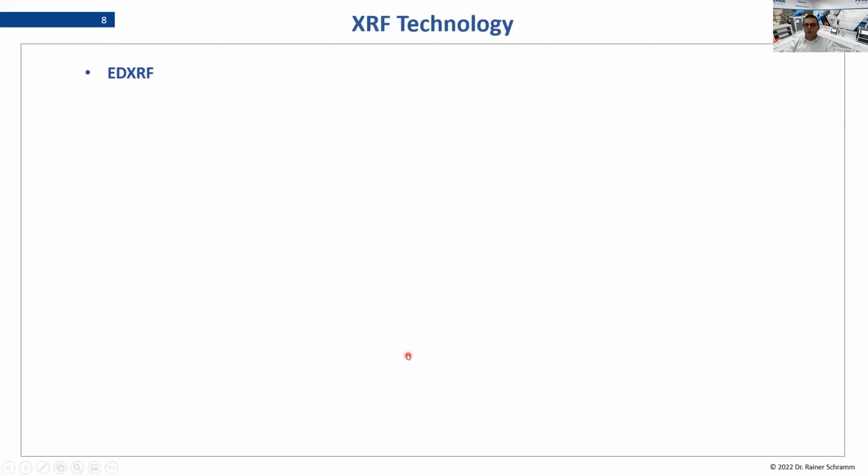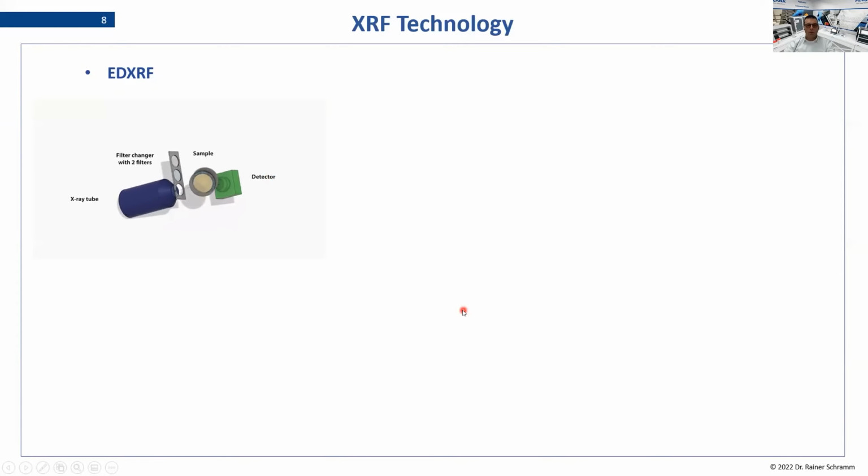Now let's look into the technology. First we have to look into energy dispersive X-ray fluorescence. There we have an arrangement of the X-ray tube, which irradiates a sample from the downside, and a detector just watching the X-ray fluorescence emitted from the sample, and the detector is looking at all X-rays at the same time.